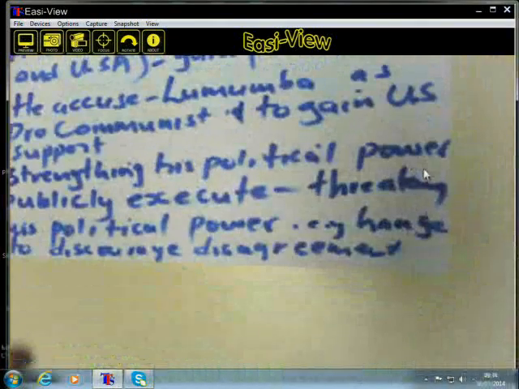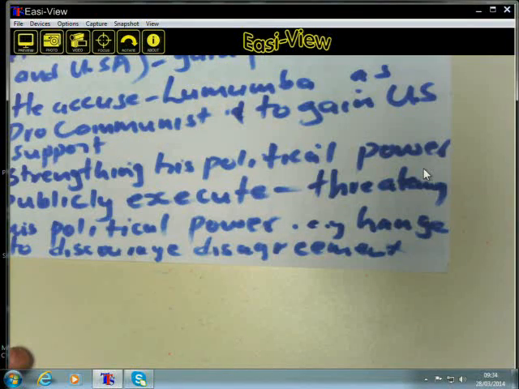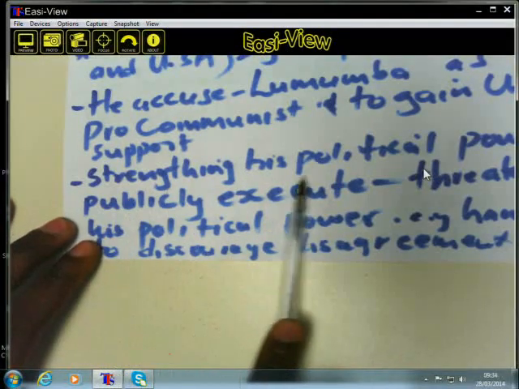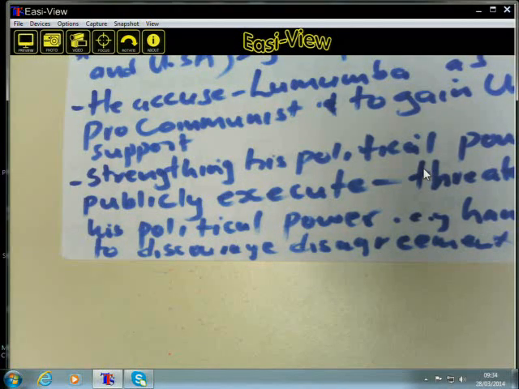And in strengthening his political power, Mobutu Sese Seko publicly executed those who were threatening his political power, those who were against it. Others were even hanged.